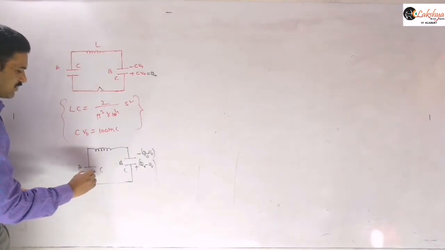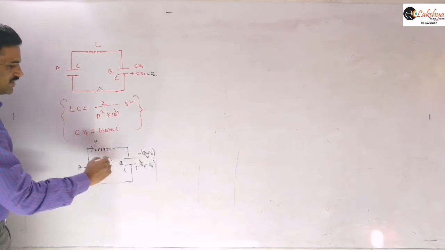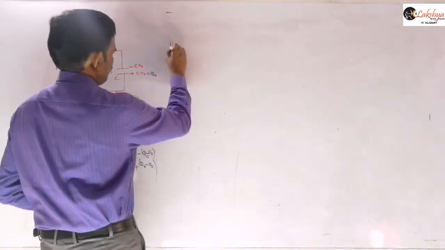And the charge on this capacitor will be plus Q and minus Q, and I is the current flowing through this. Let us apply KVL along this direction here.